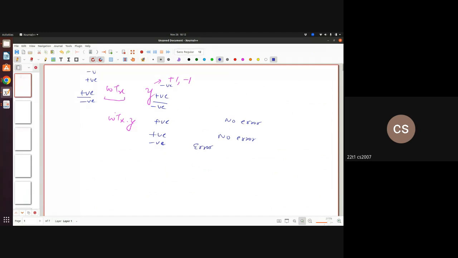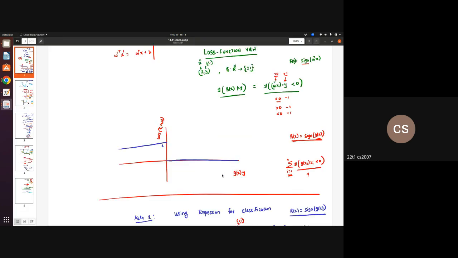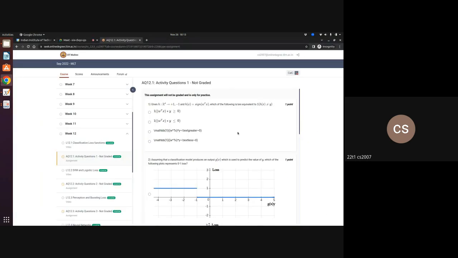Another case is when this is negative and this is positive, then the multiplication will be negative and there is an error. So the error happens when W transpose X times Y is less than 0. And in that case, the indicator function should give 1, right? So that's the equivalent story.